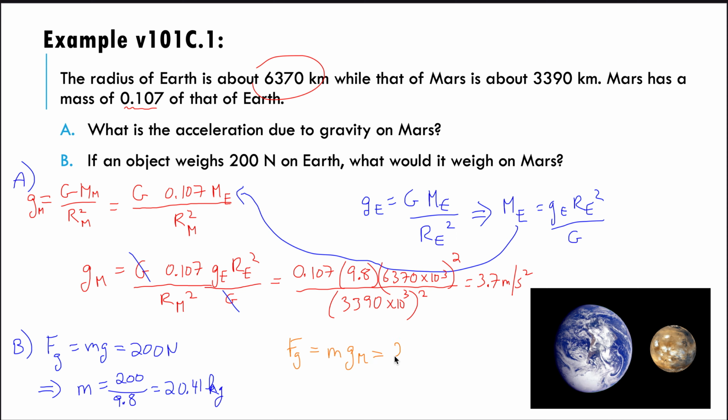So multiply 20.41 times 3.7, and we will get approximately 75 newtons for the weight on Mars. As we expect, an object will weigh less on Mars than on Earth, but it will still have the same mass in both places.